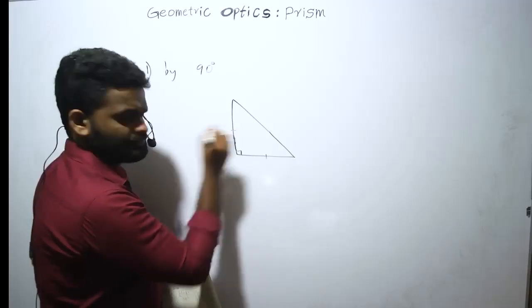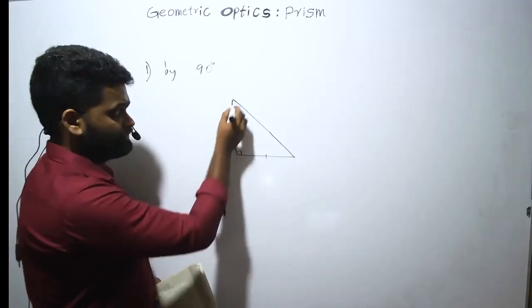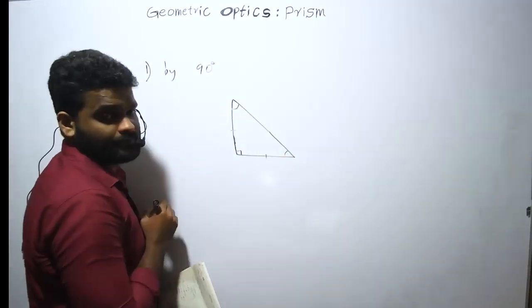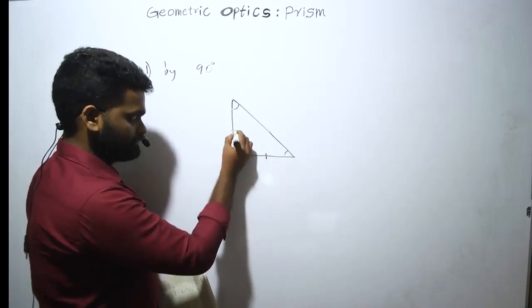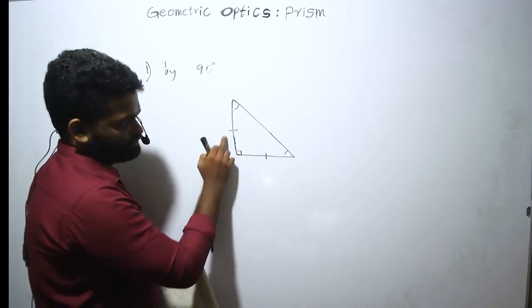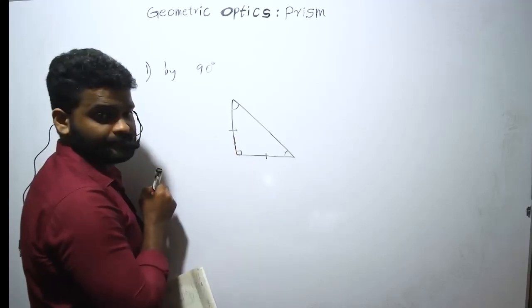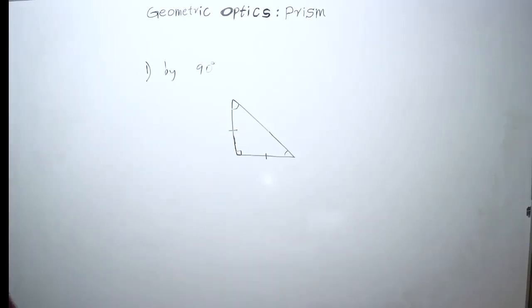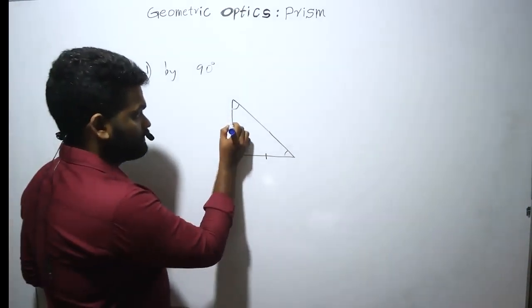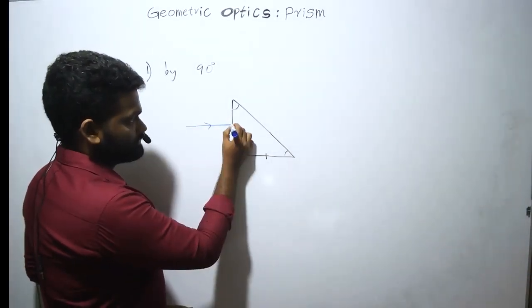This must be isosceles, otherwise these angles are not 45 degrees. So think about a ray that comes like this.